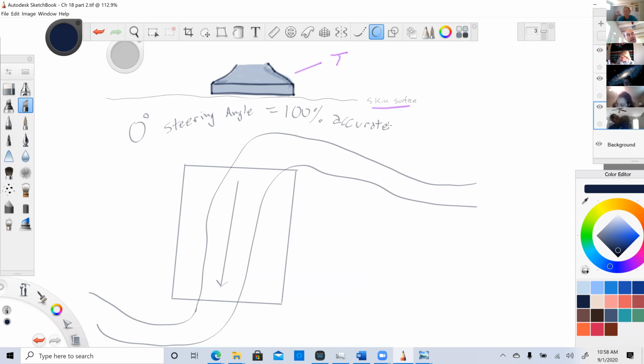When I say 0 degree, basically the beam's coming down and it's right in line with the blood. Whether that blood's coming this way or that way does not matter. The steering angle is 0. You're looking straight down the barrel of the vessel. You cannot get more accurate than that.